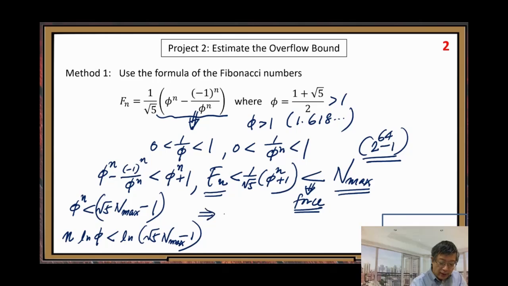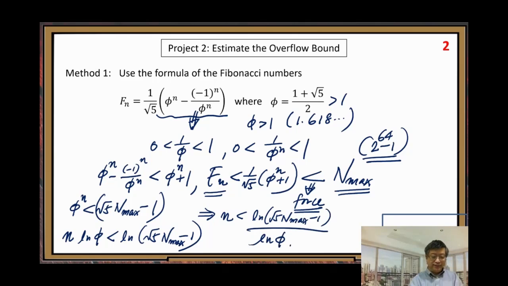Then n is less than this division. With this inequality, we can see that our little n max should satisfy this condition.